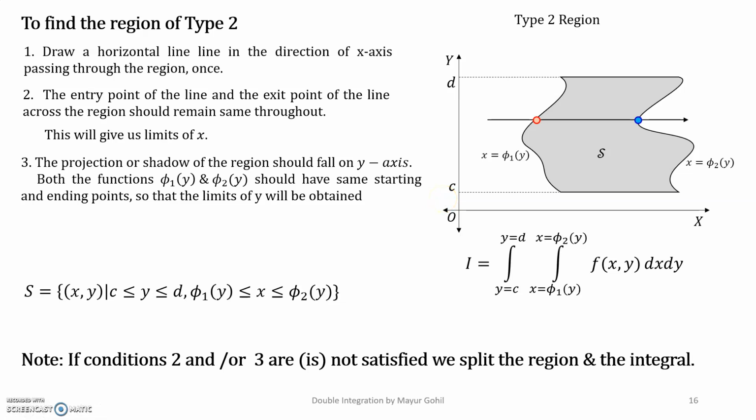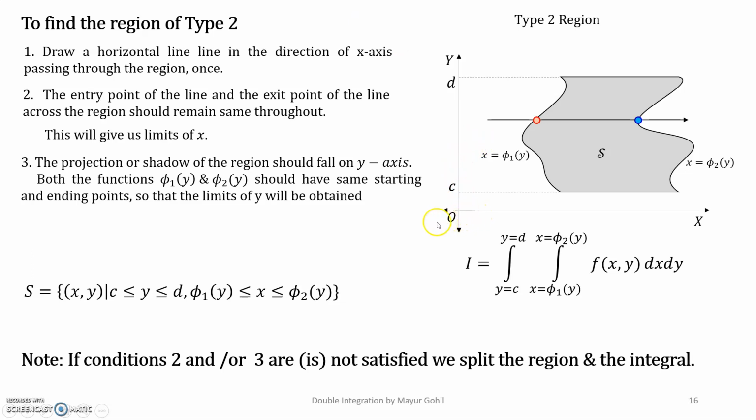So remember that when you have a type 1 region, it's going to be dy dx and you have to draw a vertical line across it to find the limits. And when you have a type 2 region, you have to draw a horizontal line and the integral is written in dx dy format. So this is it from my side on type 1 and type 2.